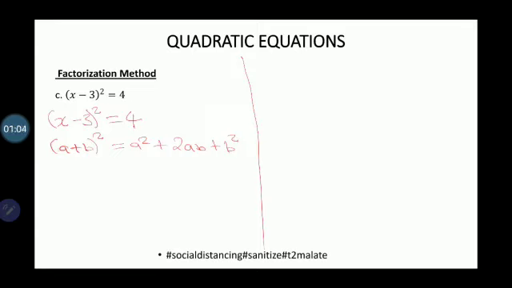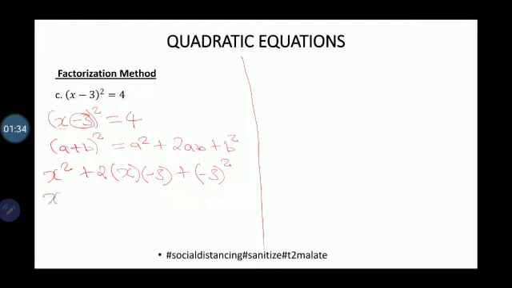So in this case, our a is x, so we square x: x squared, plus 2 times our a, which is x, times b, our b is negative 3. Don't leave out the sign. Plus squaring the b: negative 3 squared. So you square the first term, then you multiply 2 times the 2 terms that you have, then you square the second term.